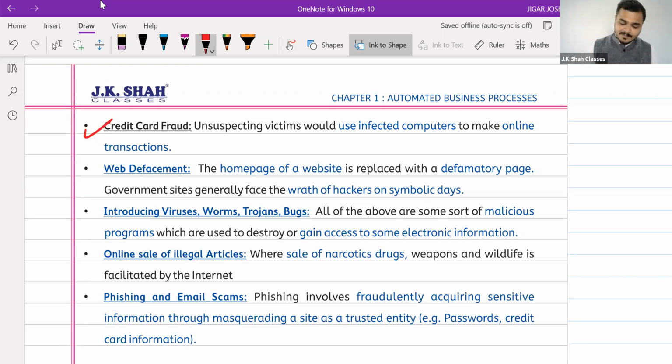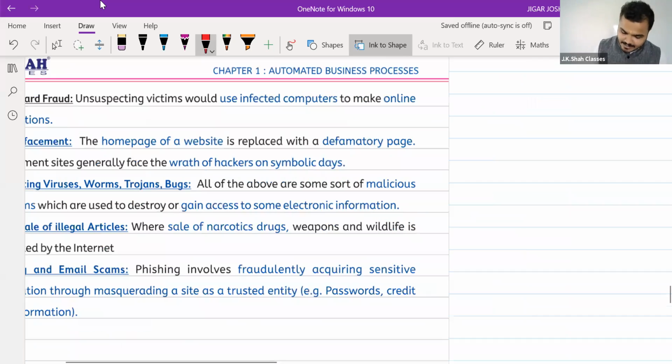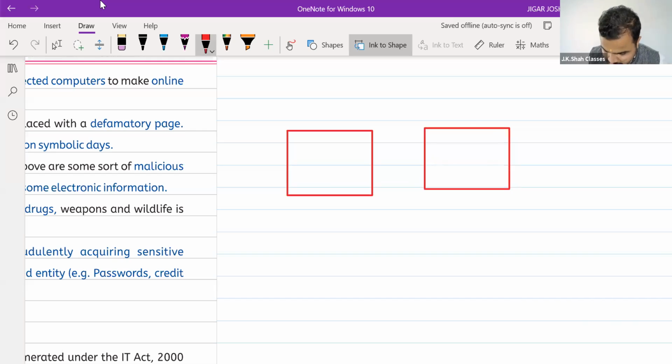Further, web defacement. What is web defacement? Suppose there are two web pages. This is one web page, and this is the second. If you click next, my dear chartered accountants, then it should take you to which page? Sir, it should take us to the next page. But instead of taking you to the next page, suppose somebody has inserted some new pages in between.